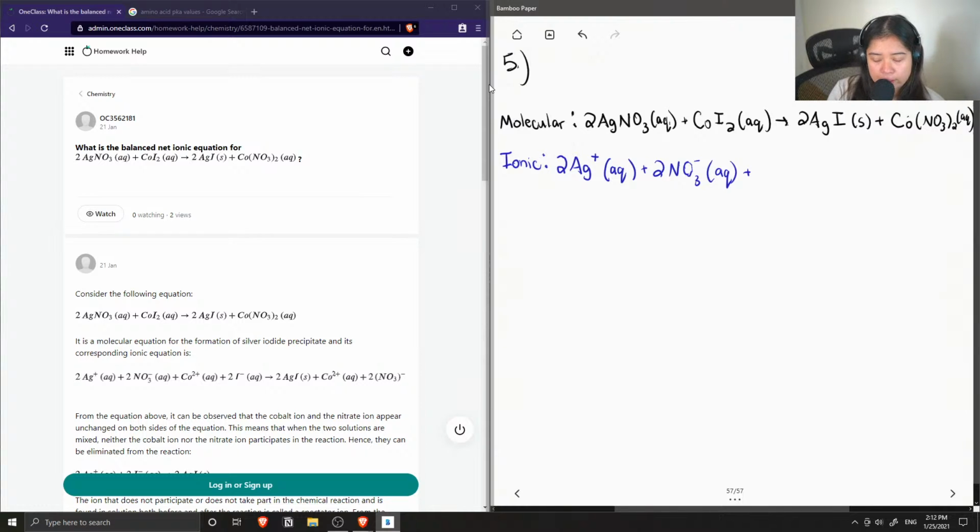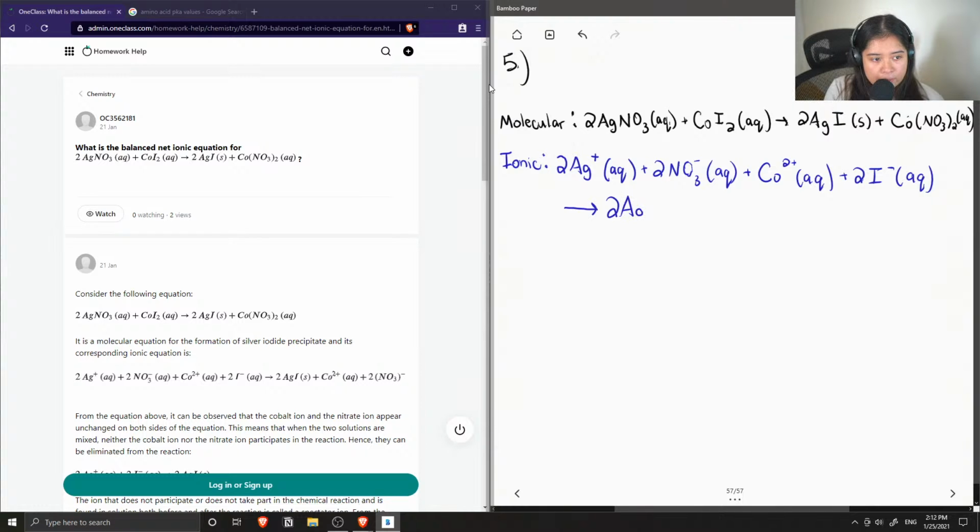Plus the cobalt iodide. So cobalt has an oxidation state of 2+, and we have 2 singly charged iodides. Okay, so these are all of our reactants, and then I'm just going to continue writing the products down here.